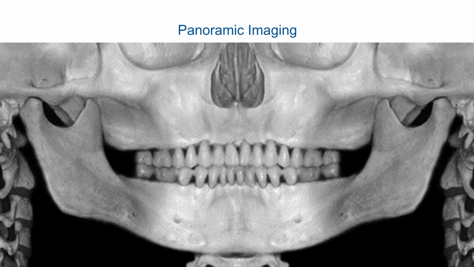So you'll have areas of the mouth that will be imaged twice, everything basically that's in the middle of the cranium. And then you'll also have ghost images. So there's a lot of overimposition, especially in the anterior maxilla with the nasal septum and the anterior nasal spine.